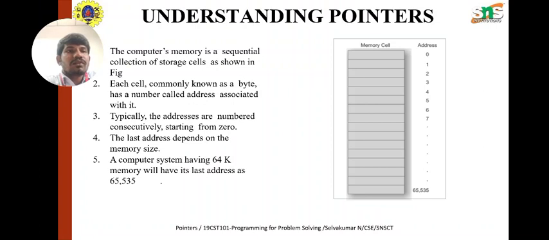Then 1, 2, 3, 4 are the next memory cells. The addresses are numbered consecutively starting from zero. The last address depends on the memory size. If we have only 10 memory cells, the memory size is 10, but the addresses are 0 to 9 only.